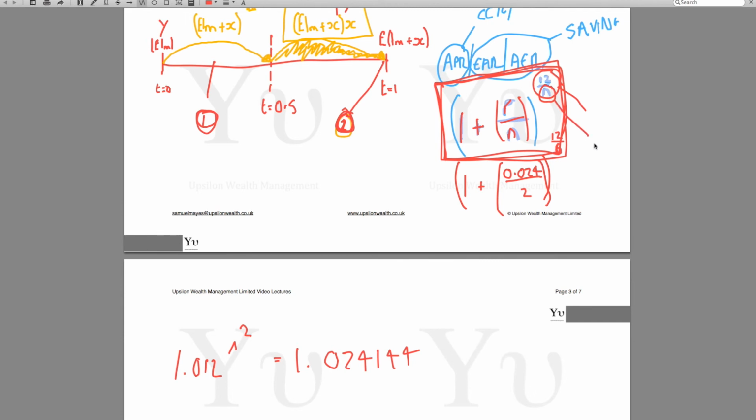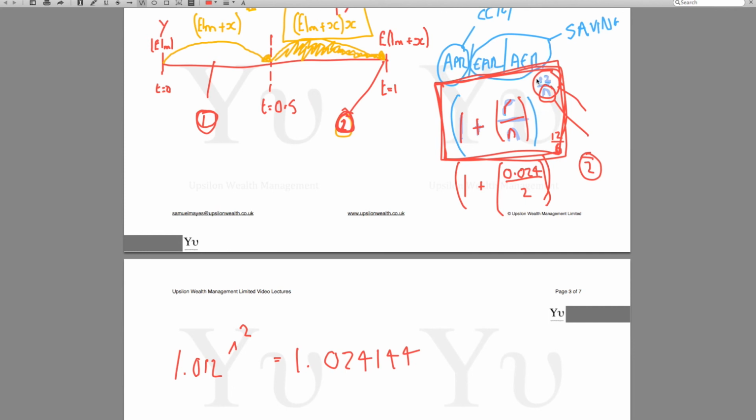With this N, we knew that there was 2 periods that we were compounding against. Okay, if a year is split into 12 months, and we have 2 compounding periods, it must mean we have a compounding period every 6 months.